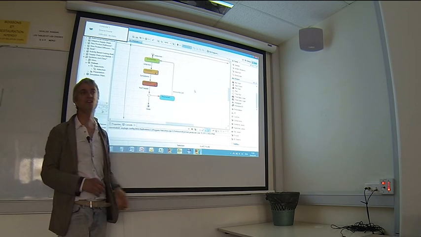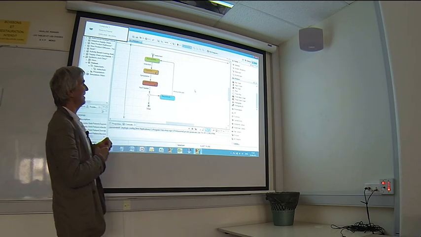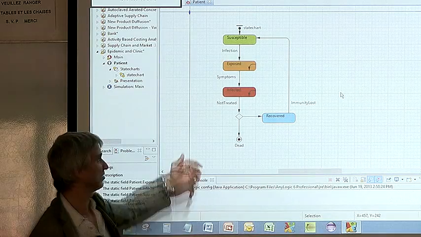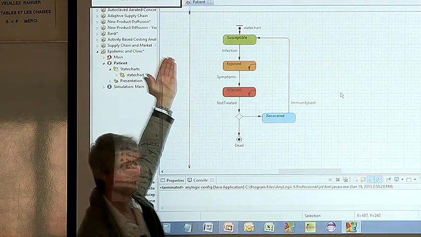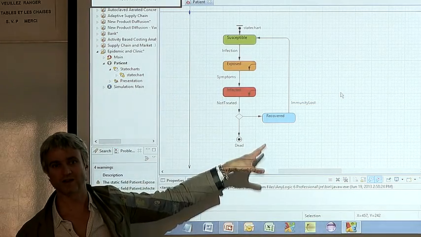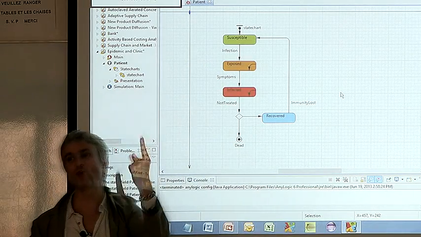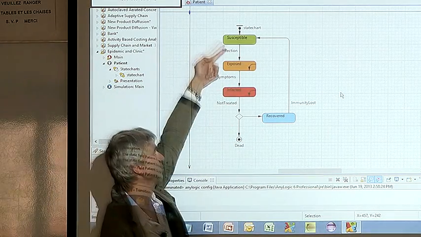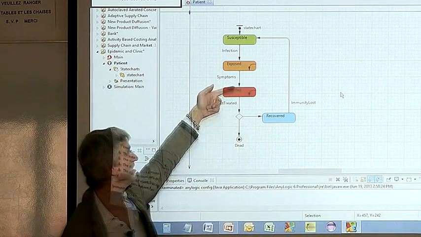It cannot be in two states simultaneously. Unlike in a process flowchart, where there can be multiple entities in one block and multiple entities in another block, here you can think of the state chart as a chart with just one token, the current state, and it jumps from one state to another.